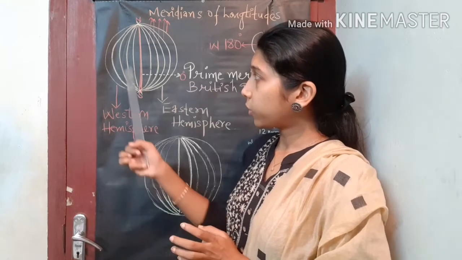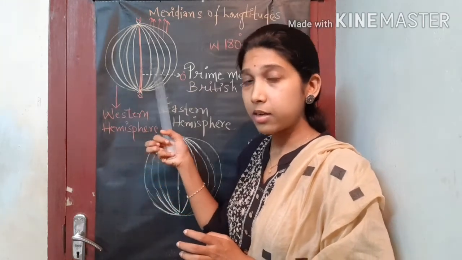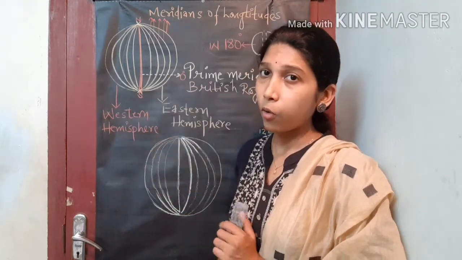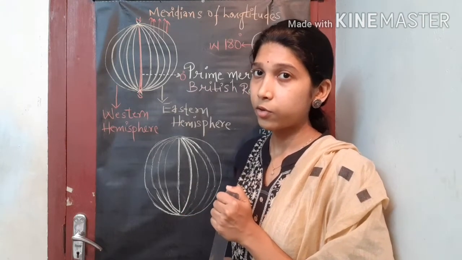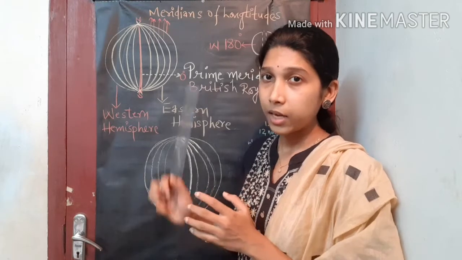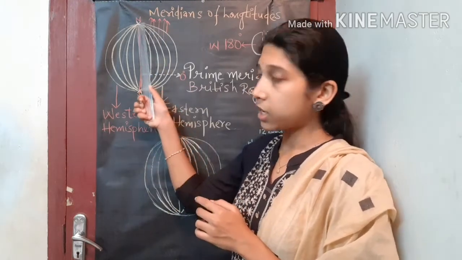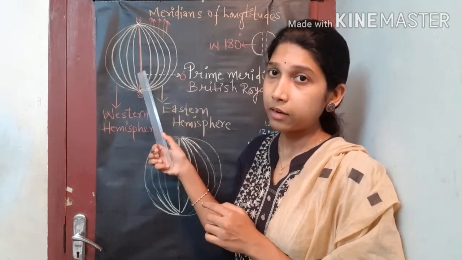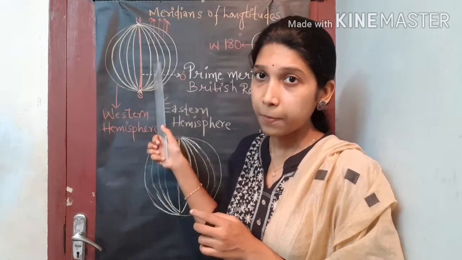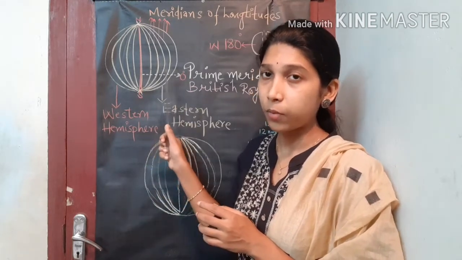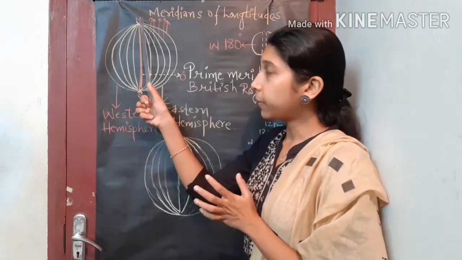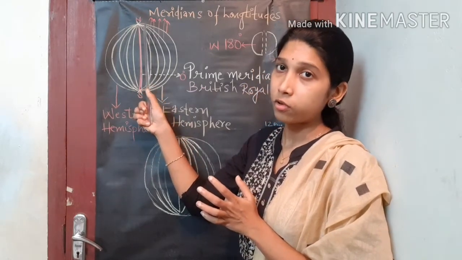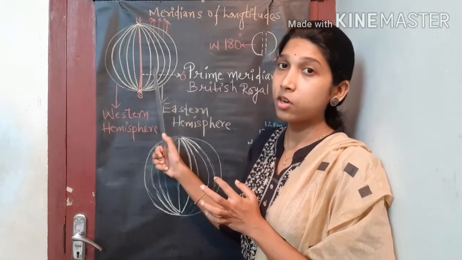Since there are so many meridians, all the countries came to a decision. All the countries decided that they will take the meridian which passes through Greenwich as the marking point, the point from which they count all other meridians. So the meridian which passes through Greenwich will be 0 degree.